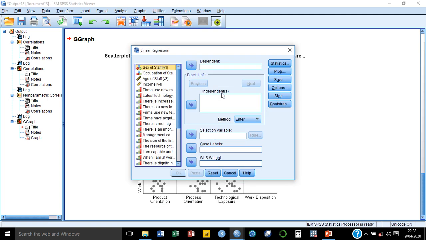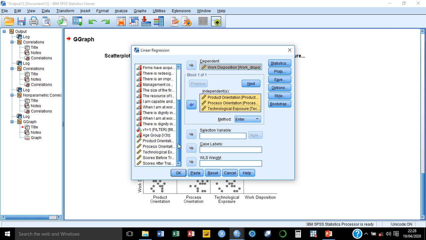linear regression analysis. So what's our dependent variable? Work disposition. That's what we are checking. Does product affect work disposition? Process and technology, does it affect work disposition? You may also want to try, does age and income also affect?